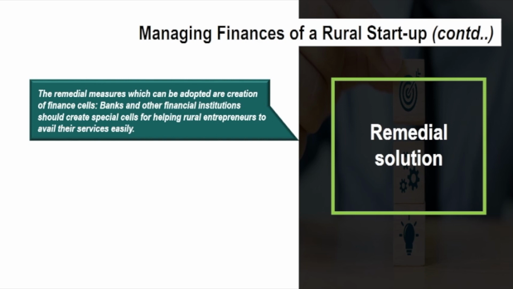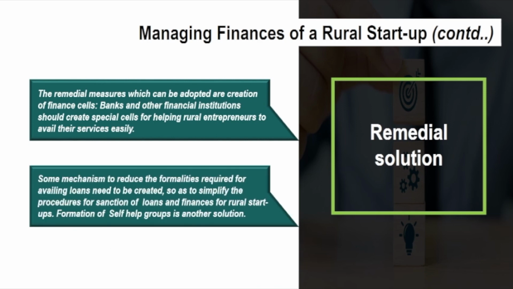The subsidized rate of interest should be provided on easy repayment basis, and some mechanism to reduce the formalities required for availing loans needs to be created, so as to simplify the procedures for the sanction of loans and finances for rural startups.